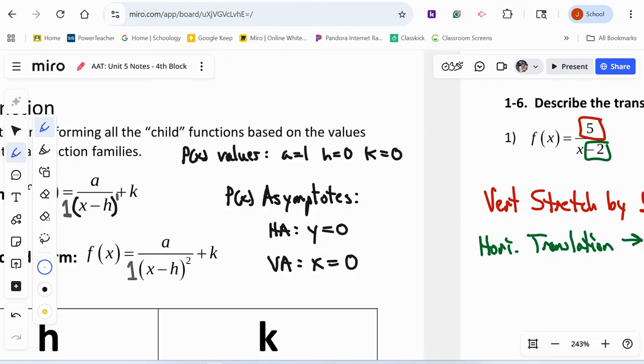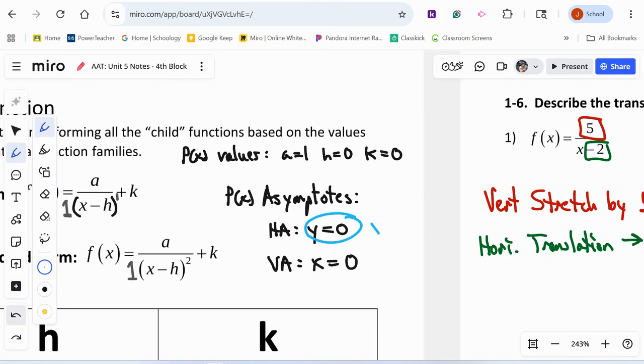So h is 2. We move 2 units to the right. My vertical asymptote here, guys, would move 2 units to the right and become x equals 2. If k was negative 5, the graph would move down 5 units, which would then move my horizontal asymptote down 5 from 0 to negative 5.